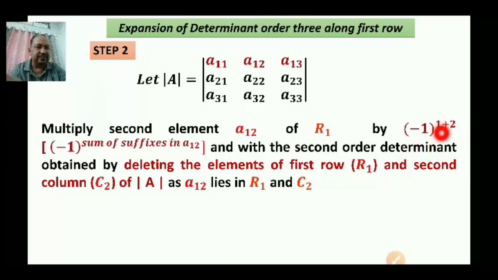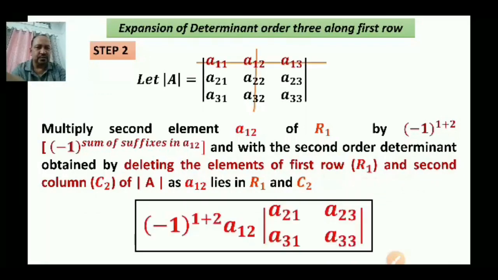Here 1 plus 2 makes 3, so (-1) to the power 3, the sign of the term will remain negative. And with the second order determinant obtained by deleting the elements of the first row R1 and the second column C2 of determinant A, as a12 lies in R1 and C2. So you will get the expression like this.